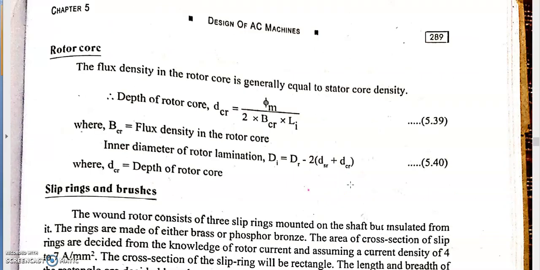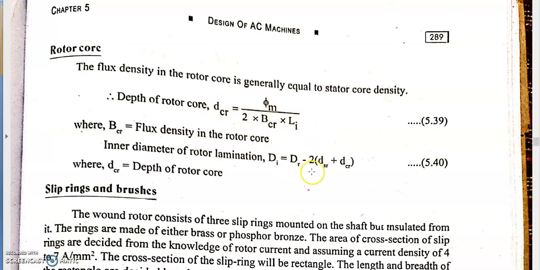And then with respect to the rotor core, the depth of the rotor core we are calculating by knowing the flux and flux density. Rotor core flux is Φm by 2. Flux by flux density is the area. So area is the depth of the rotor core multiplied with Li. So from this formula you can get the depth of the rotor core.